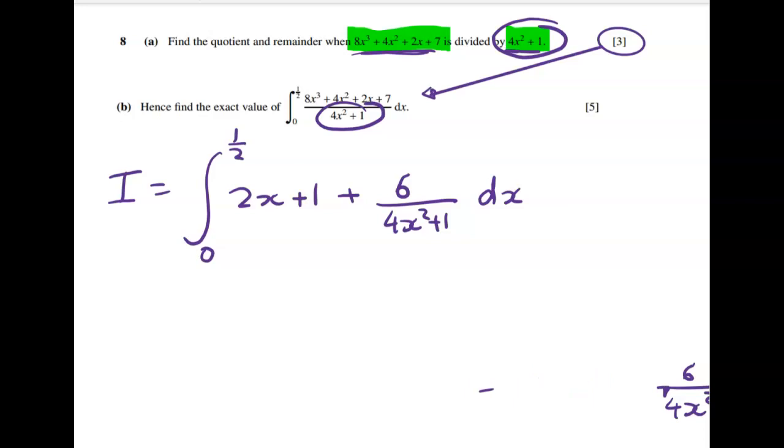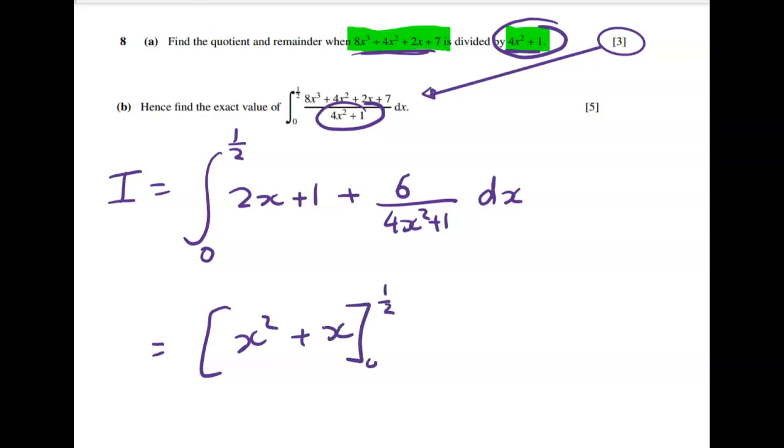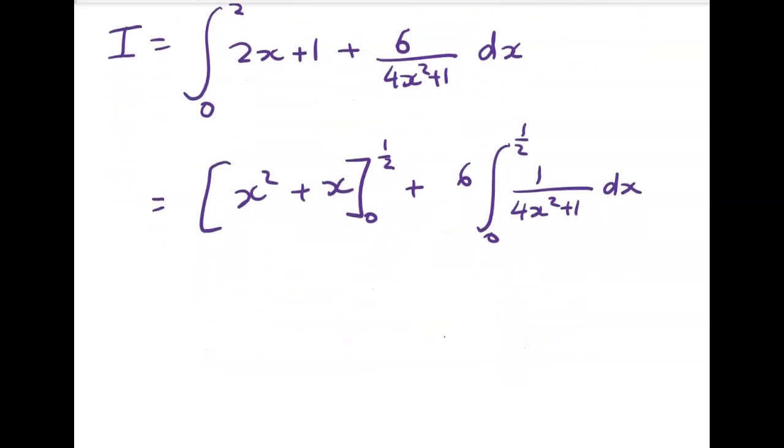I'm going to do this in 2 parts. The first part is really, really easy, and the second part we just need to do backwards chain rule. So 2x integrates to x squared, 1 integrates to x. Let's evaluate that. And then we're going to have 6 times the integral of 1/2 to 0 of 1 over 4x squared plus 1 dx.